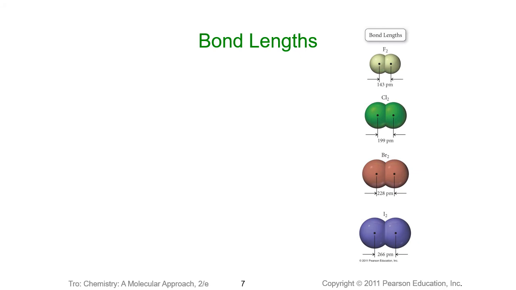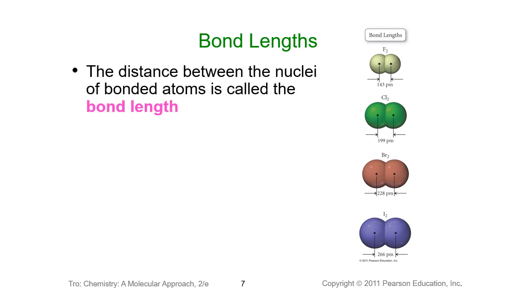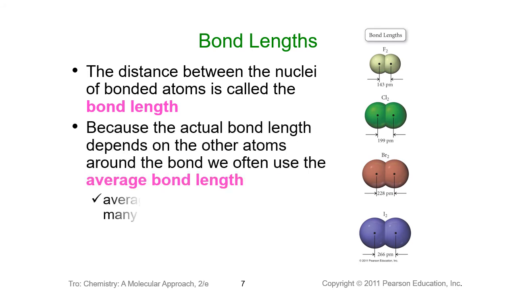If we want to think about the length of bonds, the distance between the nuclei is what we define as a bond length. We actually look at the average bond length when we're comparing the bonds. As our elements get larger, our bond lengths are also going to get larger.